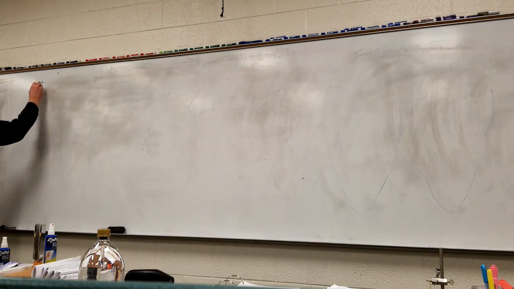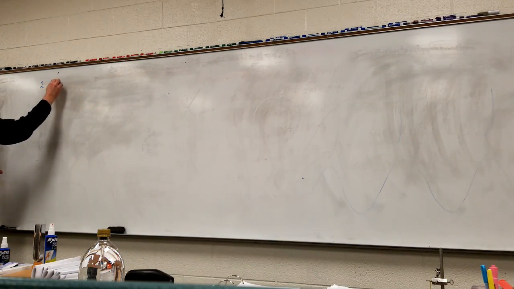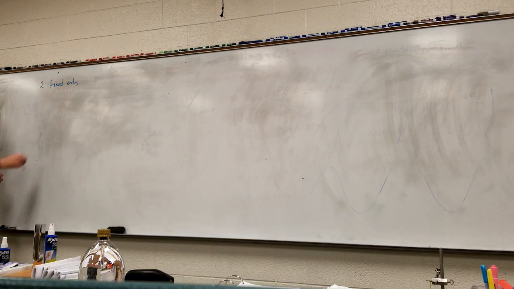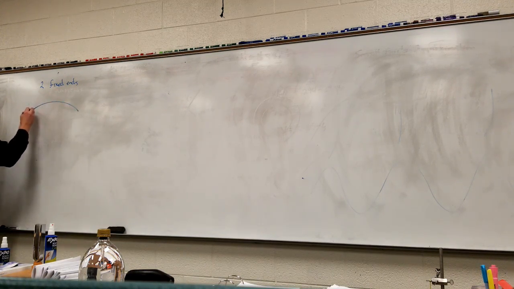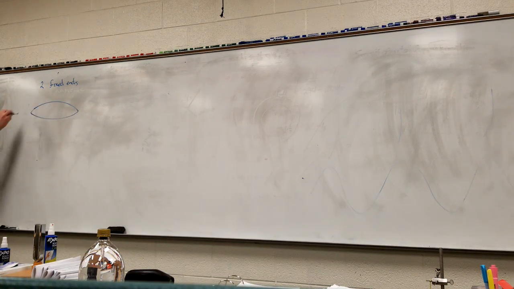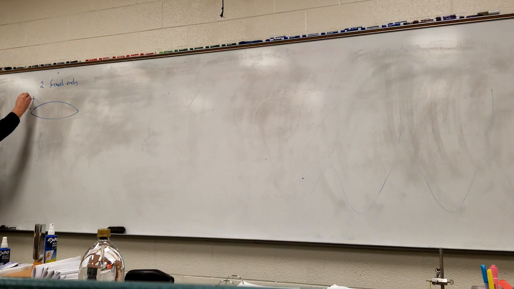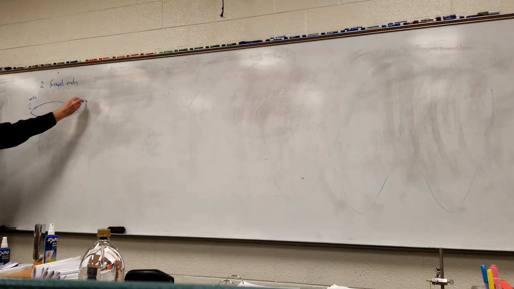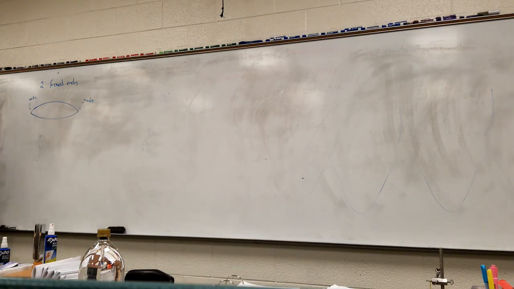So if I have two fixed ends, the simplest harmonic, and a fixed end is always going to be a node. So I have a node here, a node here, and an anti-node here.